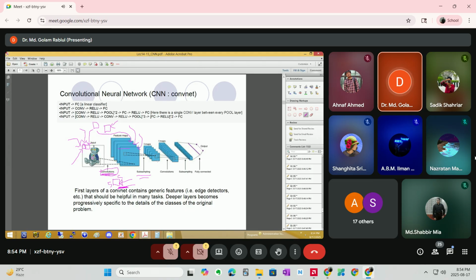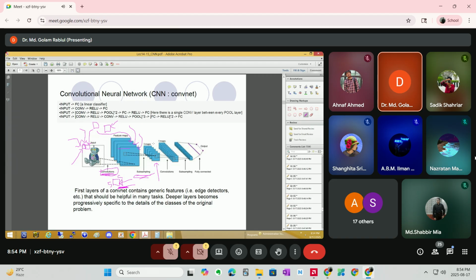That's why this is called subsampling or pooling. So we will apply some pooling. It is also a kind of filter, and it will reduce the size of the feature maps.